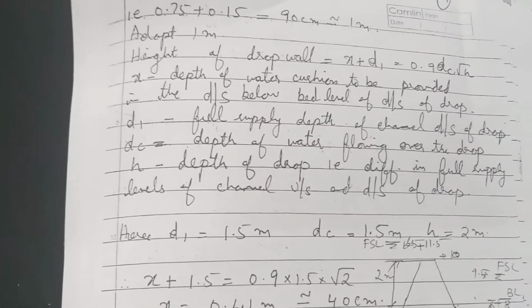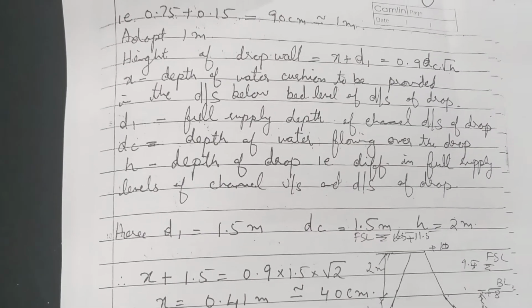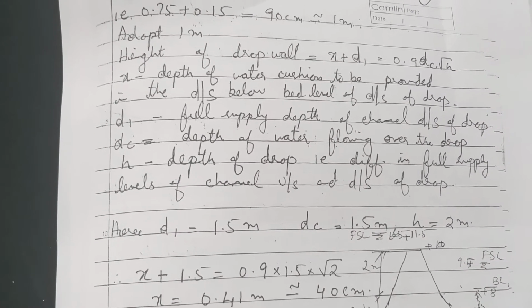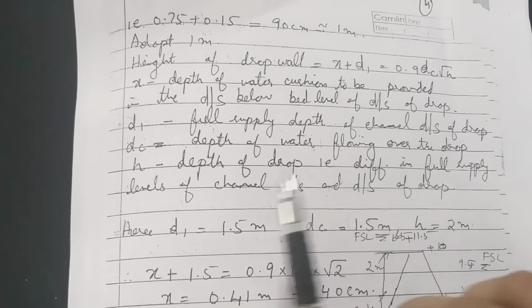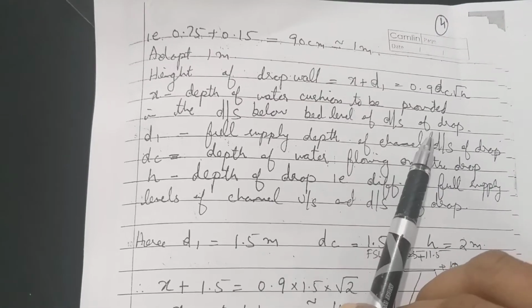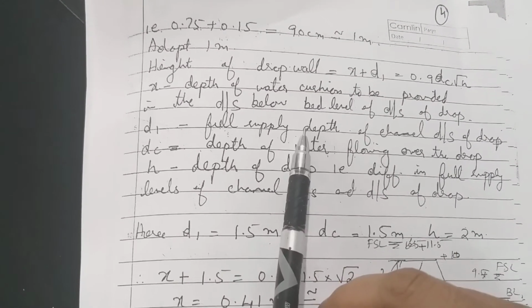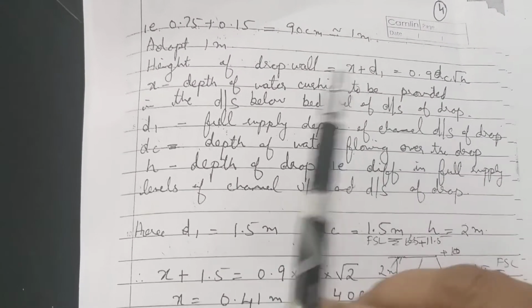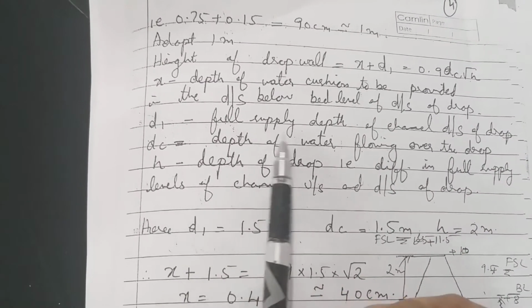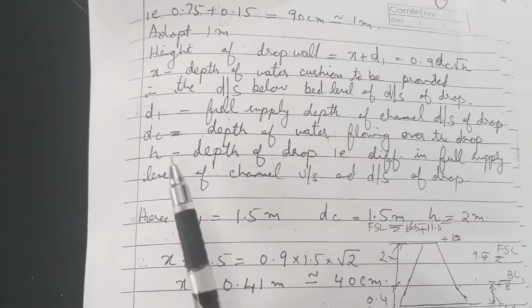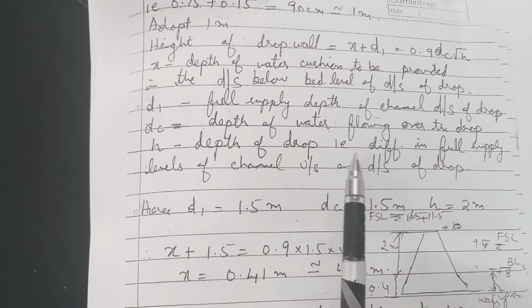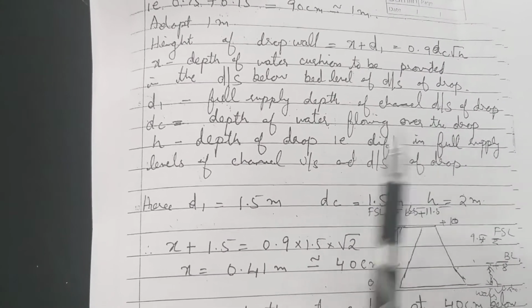Height of the drop wall, that is equal to x plus D1, which is equal to 0.9 Dc into root H. Here x is the depth of water cushion to be provided in the downstream below the bed level of the downstream drop. D1 is the full supply depth of the channel downstream of the drop. Dc is the depth of water flowing over the drop.